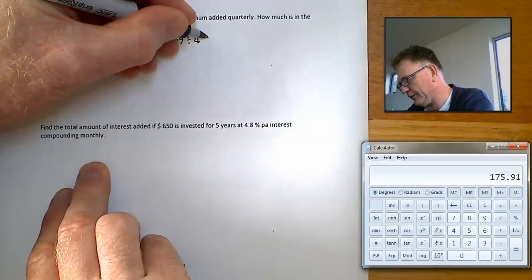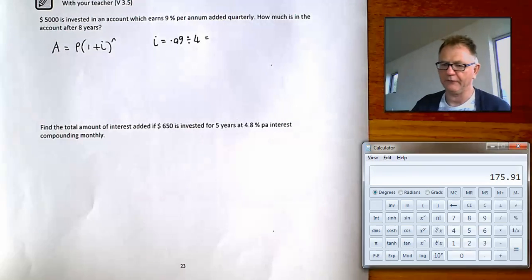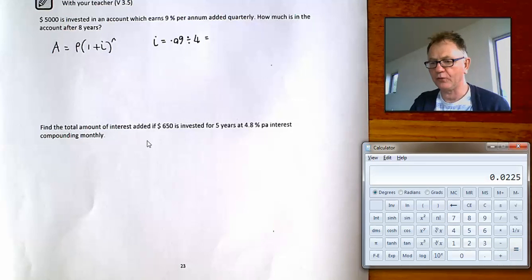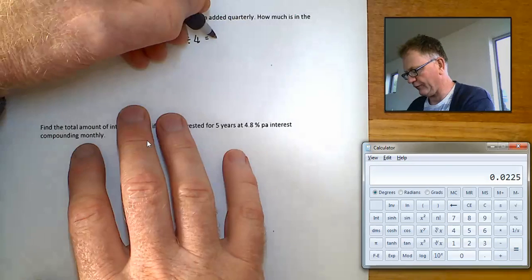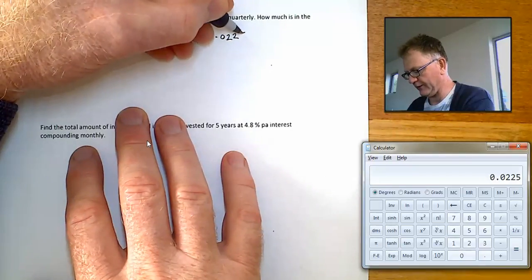So what we need to do before we start is to get the interest rate 0.09 and divide it by 4. That gives us a quarterly interest rate of 0.0225.